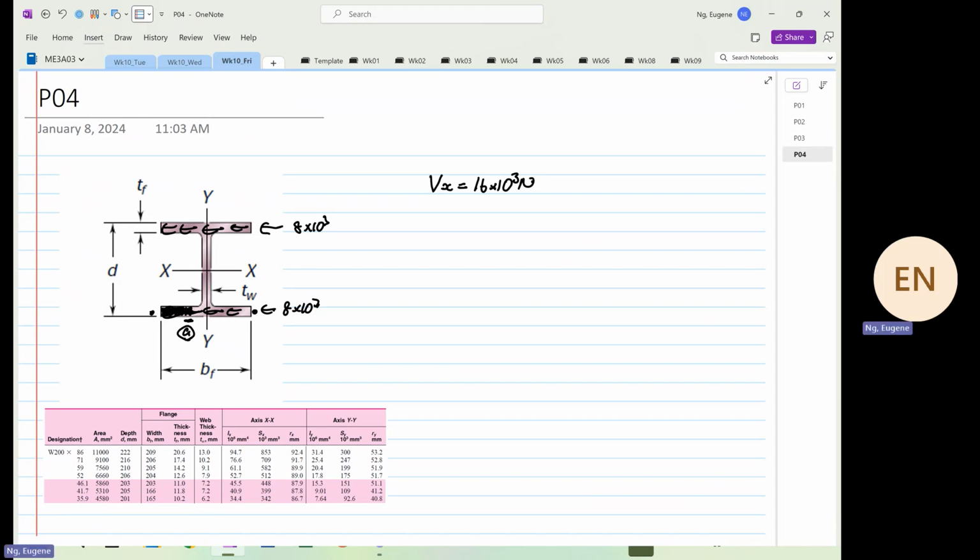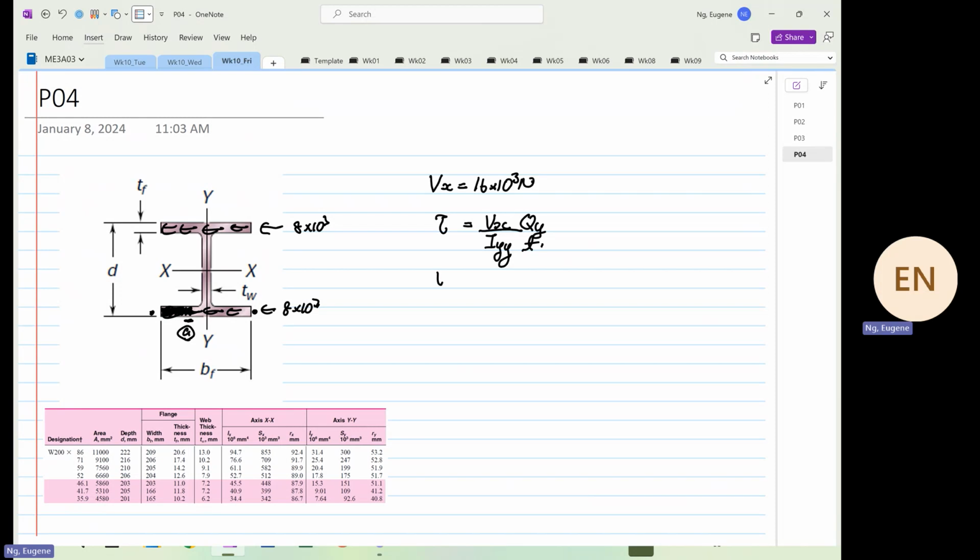So let's put in the formula first. The shear, what direction? Don't know yet, don't worry about that. It is equal to Vx over Iyy, Qy divided by T. So we put on the values that we know first.